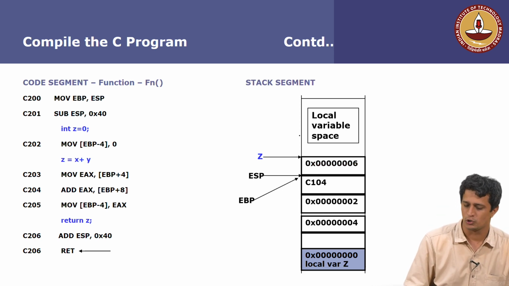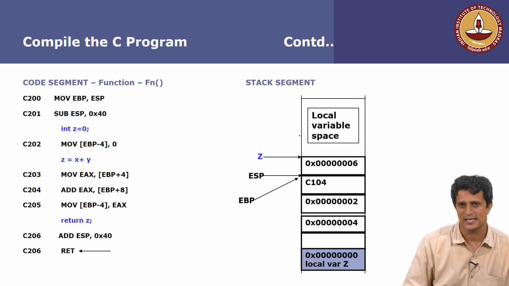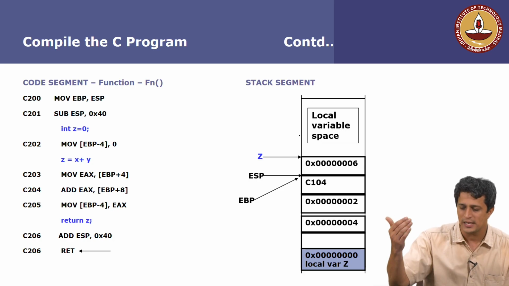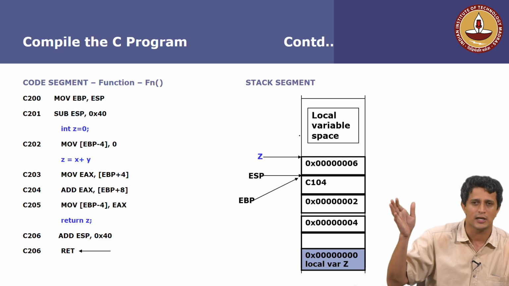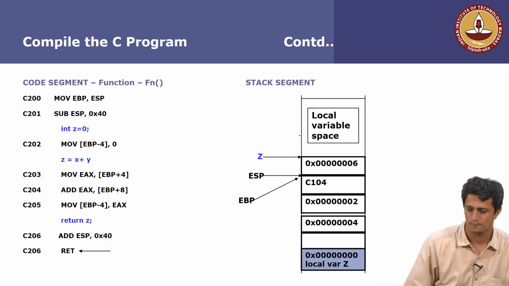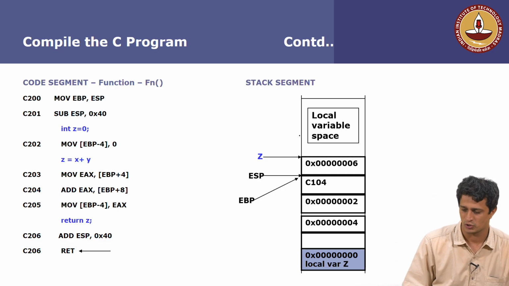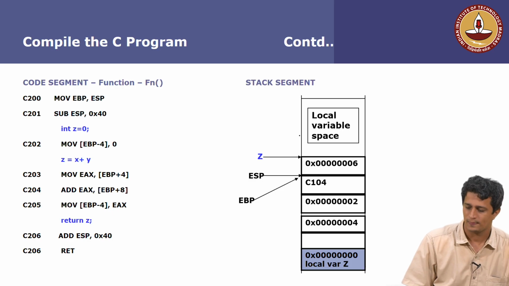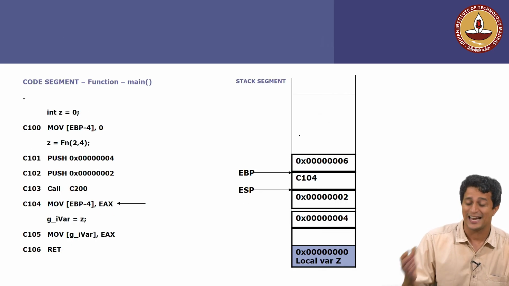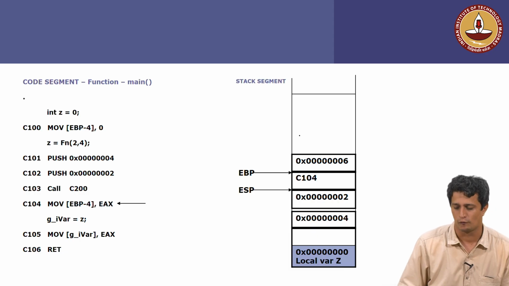So what you do is you add to ESP 0x40 and bring ESP back to where it was when you came into the function, sorry. So now you do a return and it simply gets back to C104.